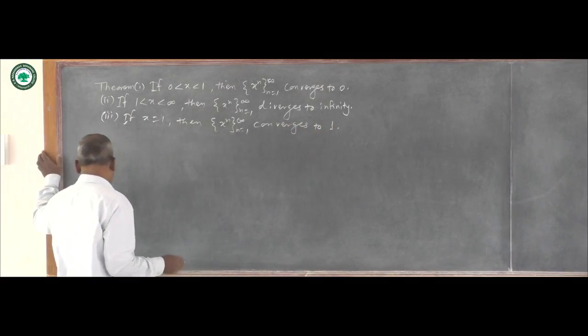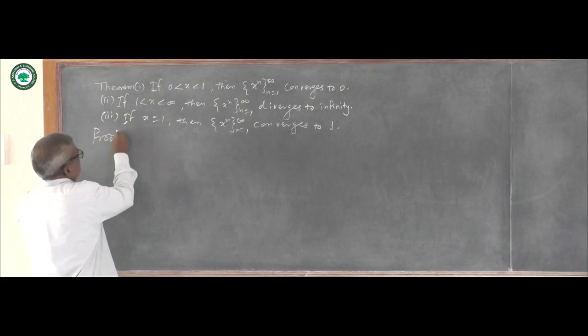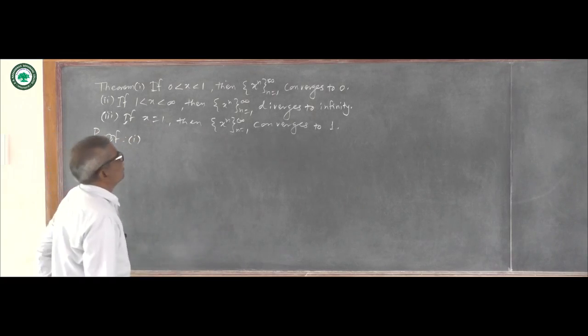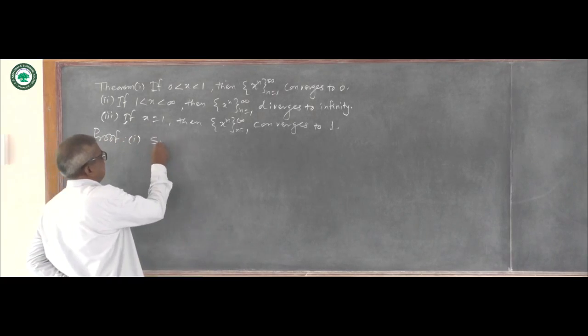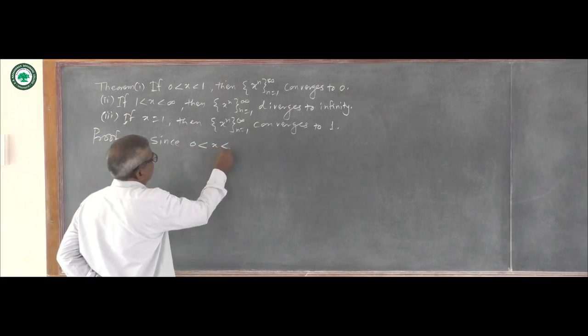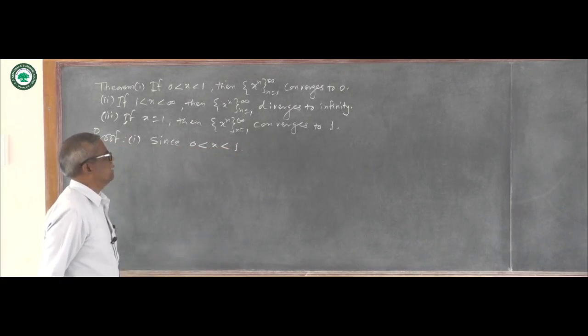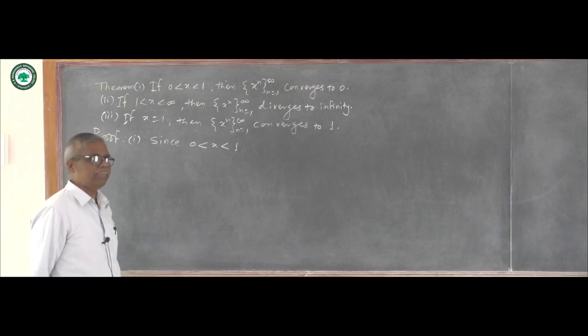Proof of first result. Since by hypothesis 0 is less than x is less than 1, means x is strictly less than 1.